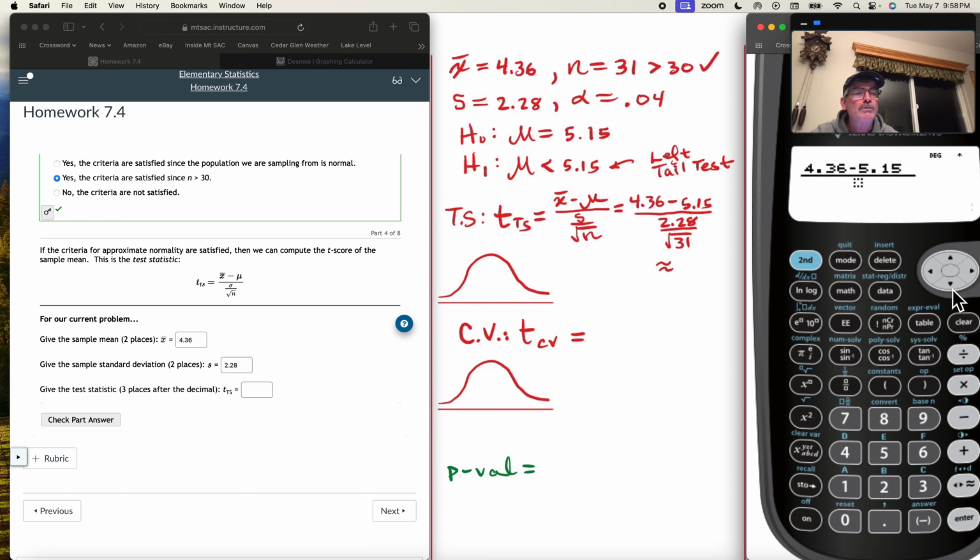Okay, and then over another fraction. So it's 2.28 divided by square root of n. N is 31.